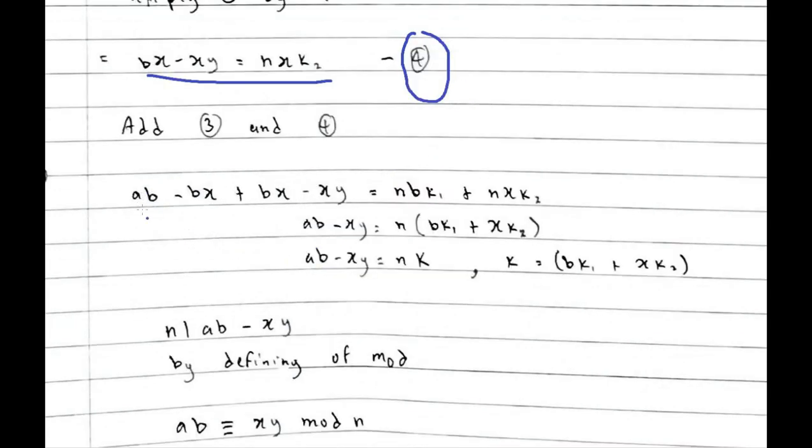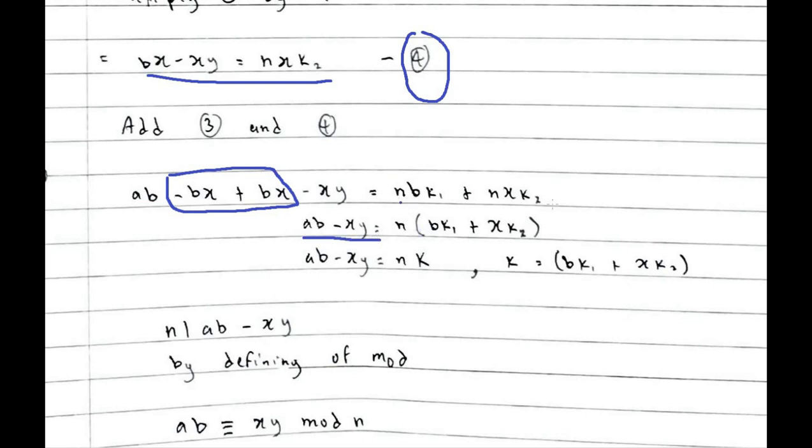So this is the equation ab minus bx plus bx minus xy equal to n bk1 plus n x k2. So we can cancel this operation because it is minus and plus, so we only get ab minus xy.